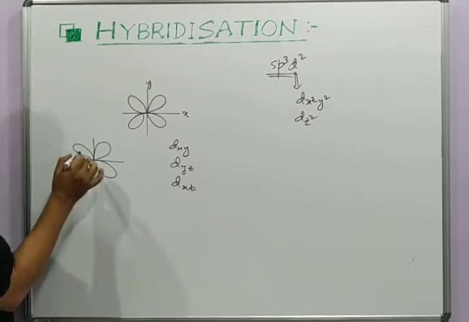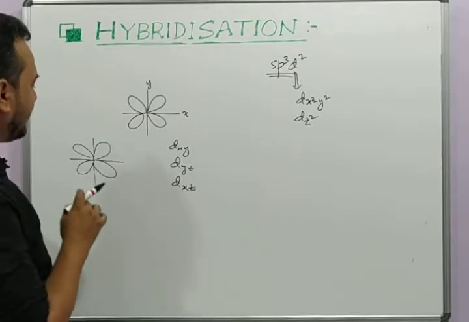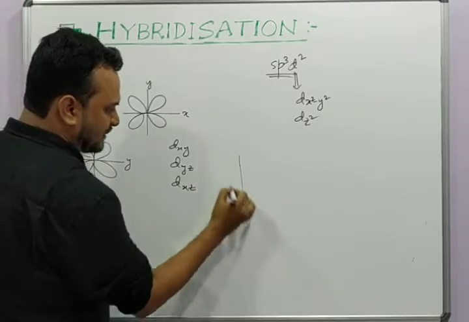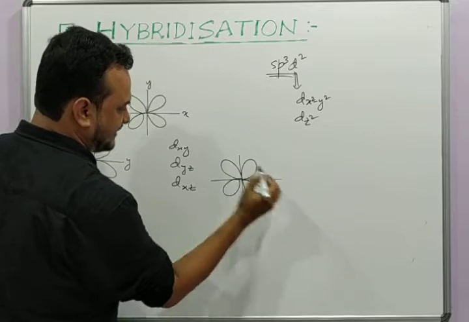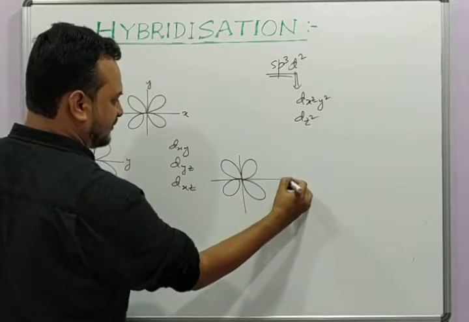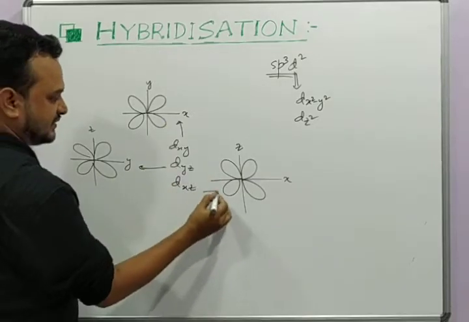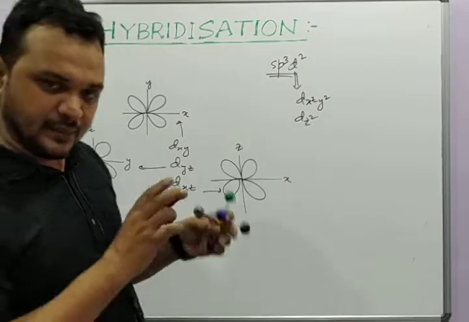The lobes, the probability of finding the electron, are oriented in between the axes, right? They are not along the axis, they are in between the axes. They look exactly the same, only the orientations are different. So this is dyz, this is dxy, and this is dxz. In all these three cases, the lobes are oriented in between the axes.